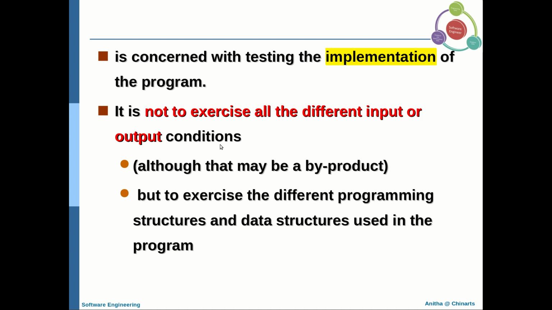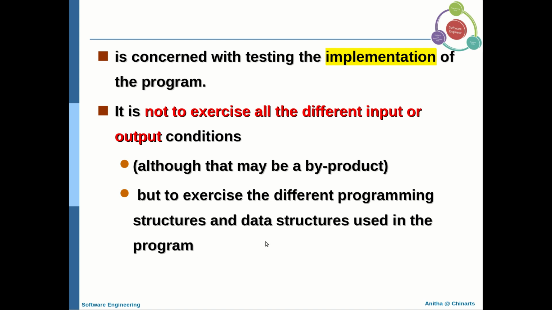But here what we are going to do, we are going to exercise the different programming structures. What are the different programming structures available, how many branches are there in your program, whether you are jumping from one part of the program to another part of the program, whether you are invoking a function from one part of the program to another part of the program, whether your function is being recursively invoked again and again.